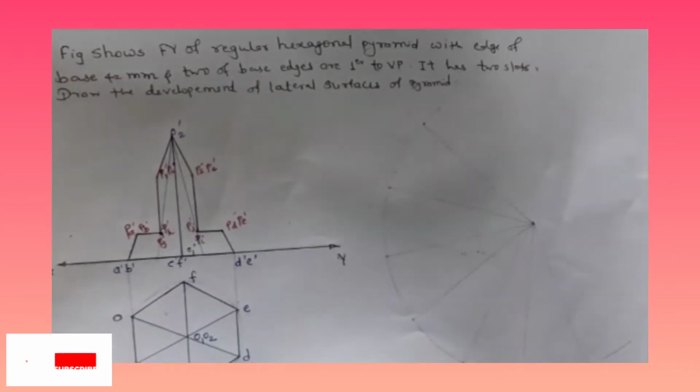As usual, we know the basic development of the pyramid consists of a number of isosceles triangles, and that number depends on which type of pyramid it is. If it is a hexagonal pyramid, there will be 6 isosceles triangles. If it is a pentagonal pyramid, there will be 5 isosceles triangles.